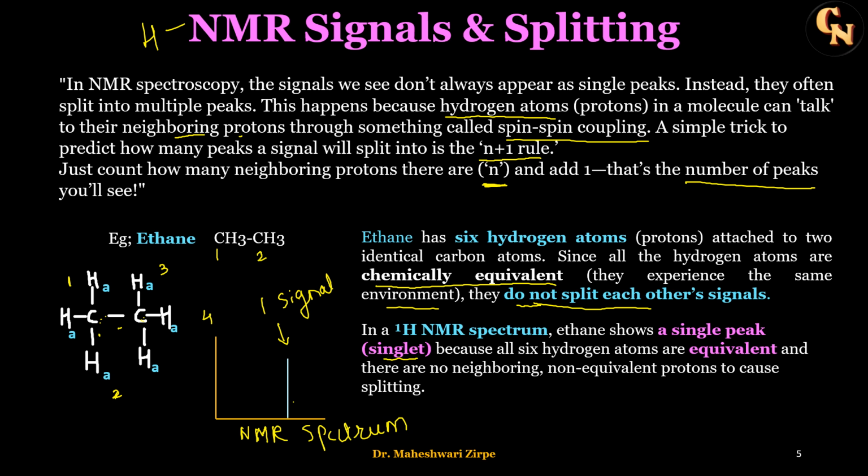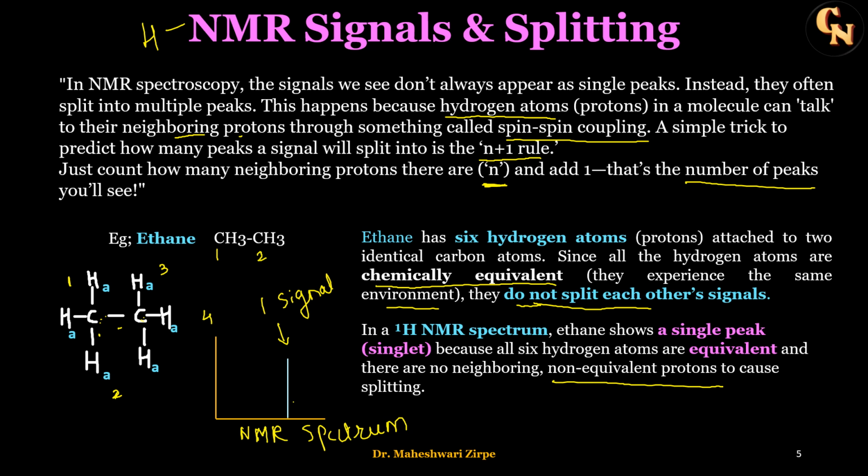Now you can understand what is equivalent and non-equivalent. Non-equivalent protons mean the environment is different. So if there is the same environment, then we call such protons equivalent protons. If the environment is different, we call such protons non-equivalent protons.